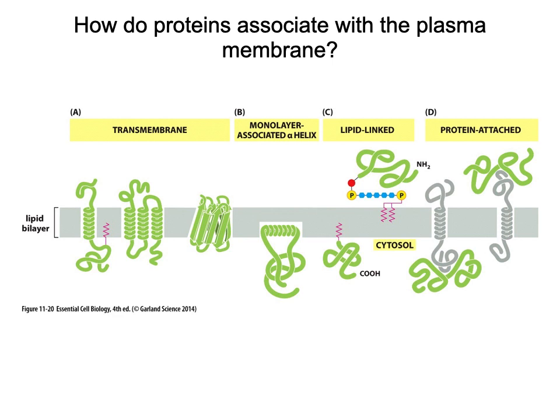We can also have a monolayer association. This is where the protein is only embedded in one layer, so the alpha helix can get embedded into the one layer of the plasma membrane. We can also have lipid linked, right?